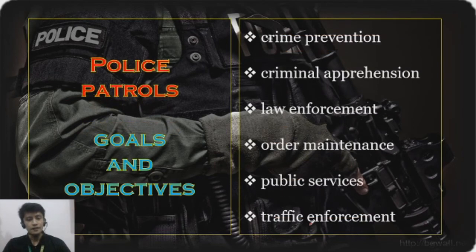And then we have here the goals and objectives of the patrol. It is summarized into 6 objectives or goals. Number one is crime prevention. Not only crime prevention but also criminal apprehension, especially kapag meron tayong target or identified criminals that should be apprehended.